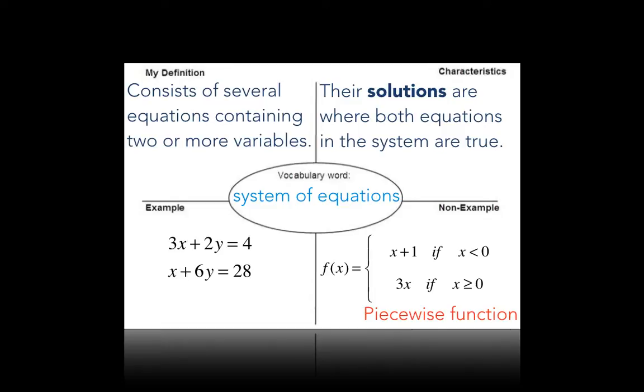It looks quite a bit different. This is just one function that is restricted over different domains. Systems of equations are 2 separate equations. I hope that helps to define it thoroughly for you.